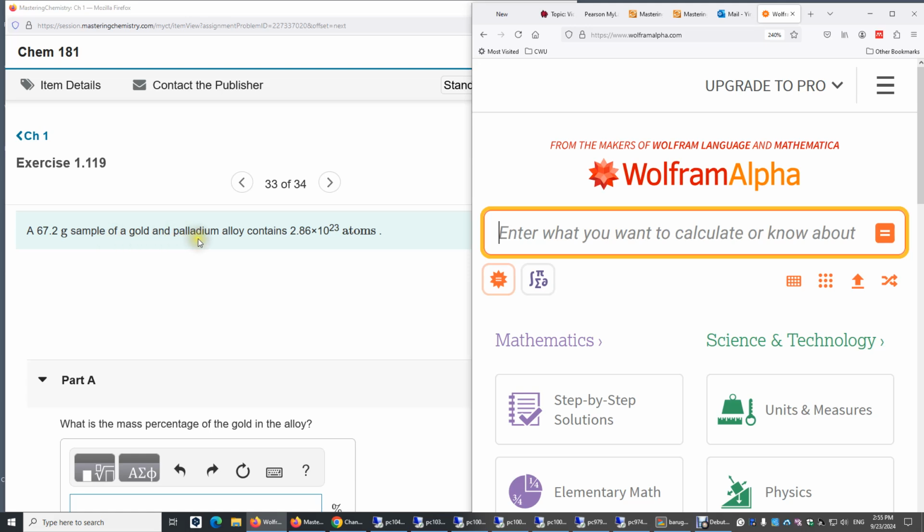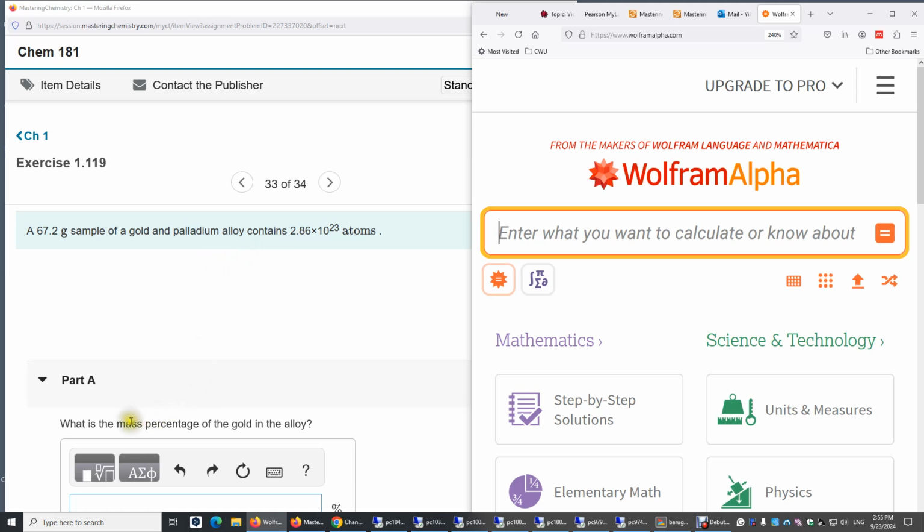And for each element, we divide the mass by their molar mass respectively. We'll be able to get the number of moles, and the sum of the number of moles multiplied by the Avogadro constant will get this number of atoms. And therefore, we'll set up the equation here.